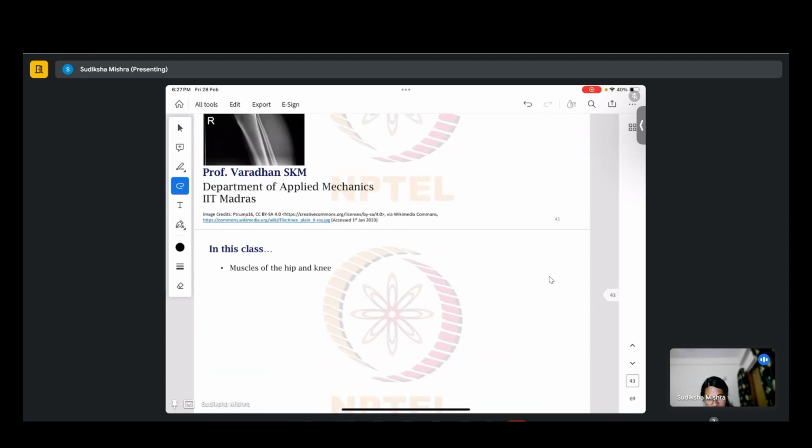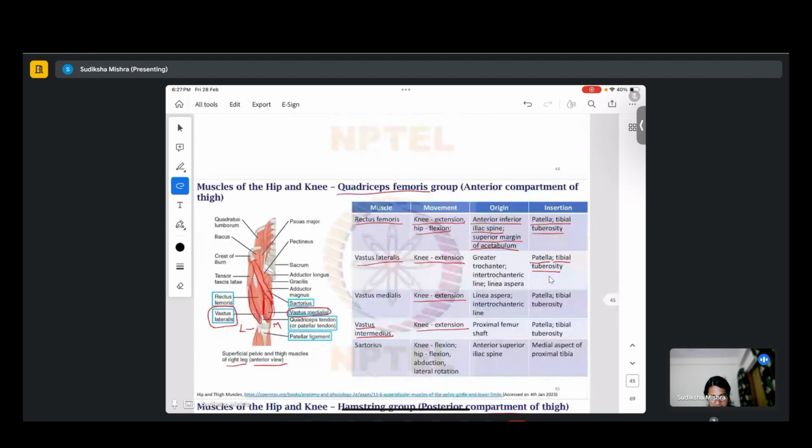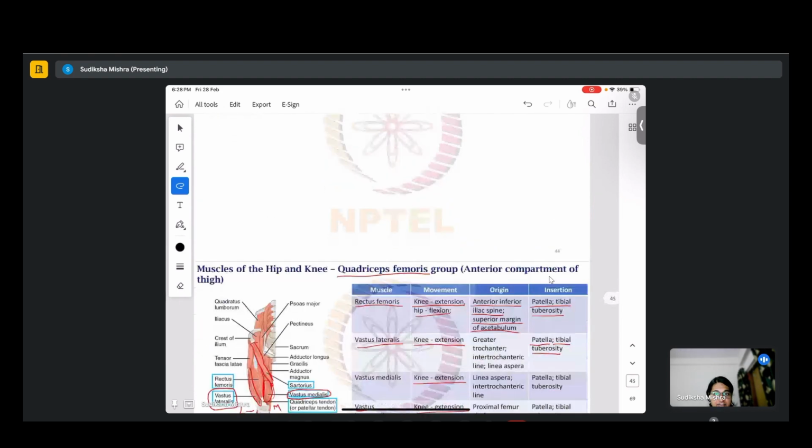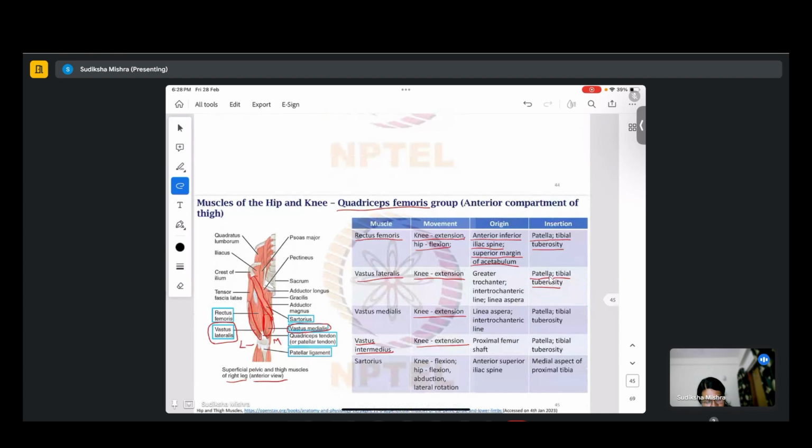Okay. Now coming to the biomechanics of the knee, as I said earlier, there are a lot of muscles that originate above the hip bone and insert in an area surrounding the knee, and these are very long muscles. And again, there are different groups of muscles here, and the first group is the quadriceps femoris group, which is in the anterior compartment of the thigh, and anterior meaning on the front.